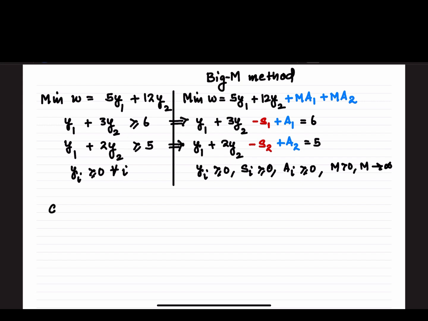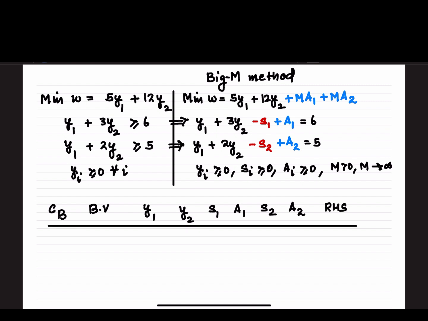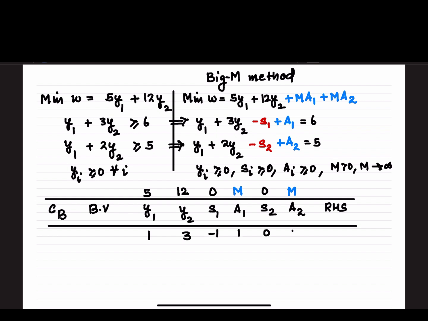तो पहला table होगा: CB, basic variable, y1 y2 s1 a1 s2 a2 and RHS. y1 का कोएफिशिएंट is 5, y2 का 12, s1 का 0, a1 का कोएफिशिएंट is plus M, a2 का plus M, s2 का 0. पहला कंस्ट्रेंट है 1 3, s1 का you have a -1, a1 का 1, s2 and a2 का 0.